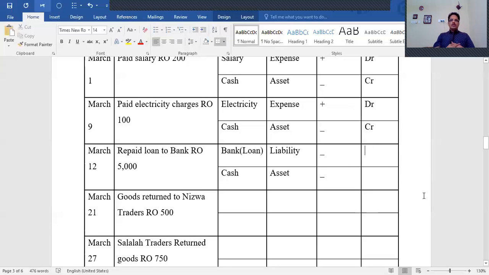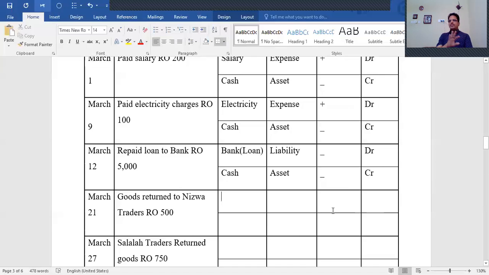Now, when liability is decreasing, what is the rule? We know already, liability comes in the second part: liability, equity or revenues. When increasing, it will be credited; decreasing, it will be debited. Then the first one, assets and expenses: when increasing, it will be debited; when decreasing, it will be credited. You can understand now, there is one debit and one credit.